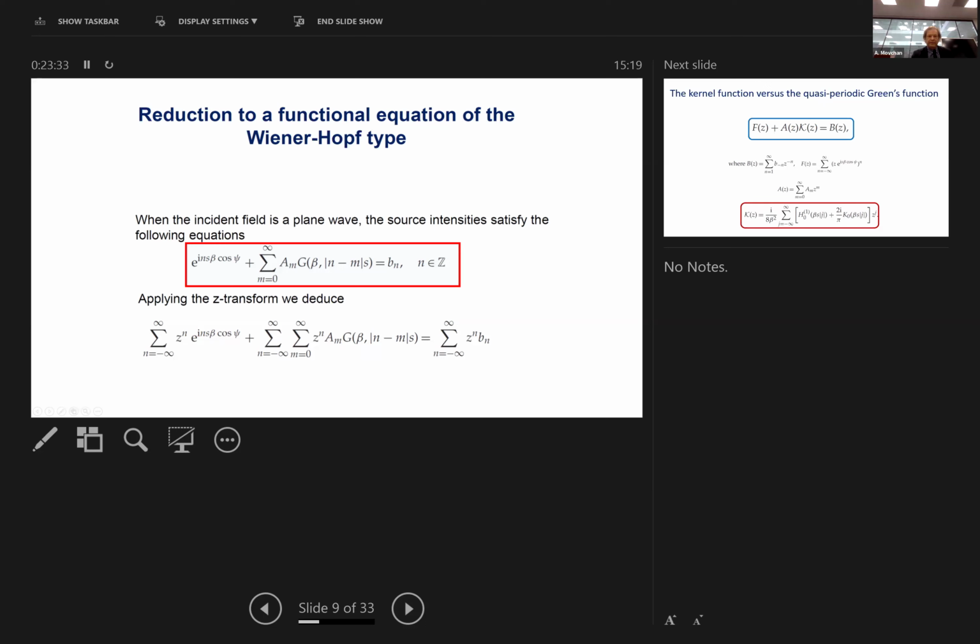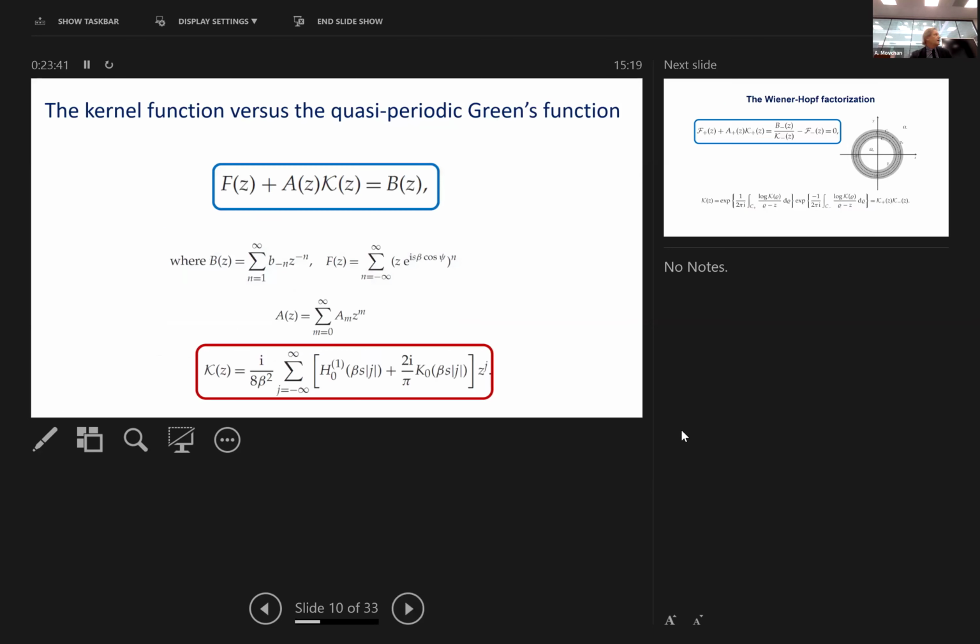And then, after we've done it, I can write the equation in that form, where F is linked to the transform of my incident wave, B is linked to my resulting wave, and A and K are, A is this, and K is what I call the kernel function.